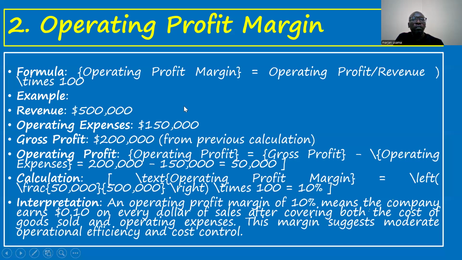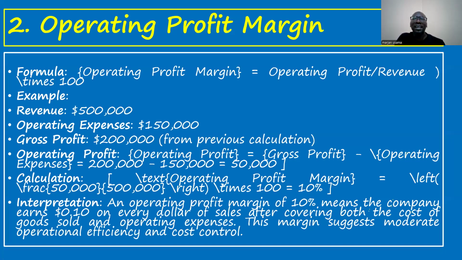Now, the operating profit margin, what will you do? You are going to take the 50,000, which is the operating profit, divide by the 500,000, which is the revenue, times 100, and you get 10%. I'm going very fast because it's very easy. During your free time, just review the slides, review the formulas.